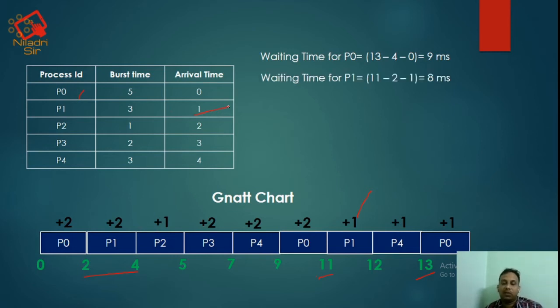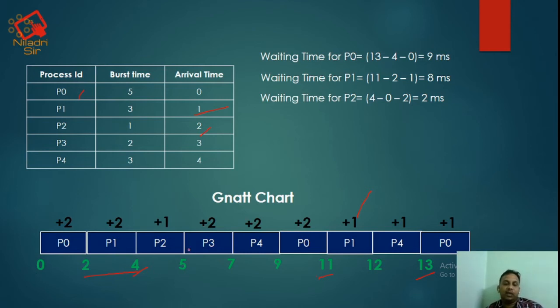Next one is P2. P2's last execution started at 4. P2 never executed before it, so 4 minus 0, minus the arrival time, that is 2 microseconds. Next one is P3. P3's last execution block starts at 5.